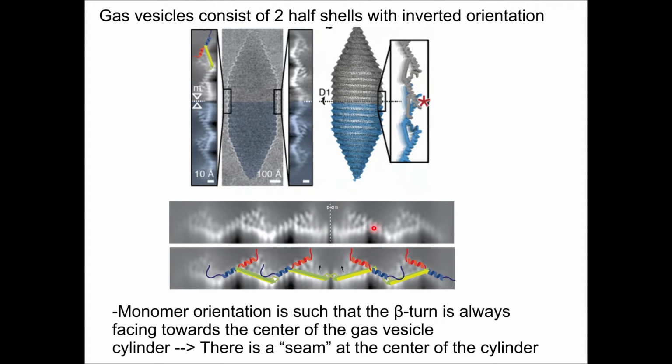So, for example, here they've overlaid it with a cartoon of their structure. At the center of the gas vesicle, the beta strands are not oriented the way I've showed you before, but are pointing and touching each other from opposing helices. This suggests that around the center of the gas vesicle, there's something like a seam, and they predict that that is probably where the gas vesicle grows from.